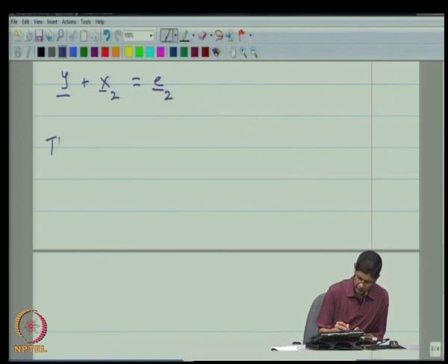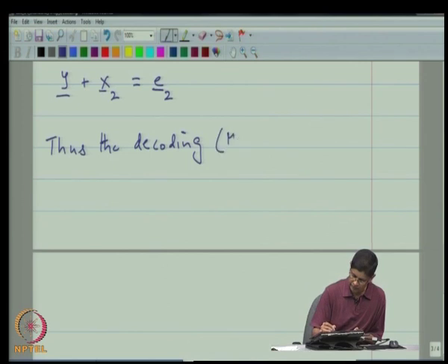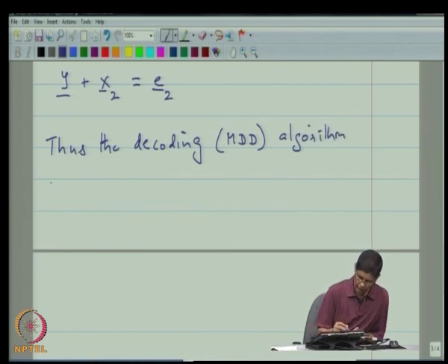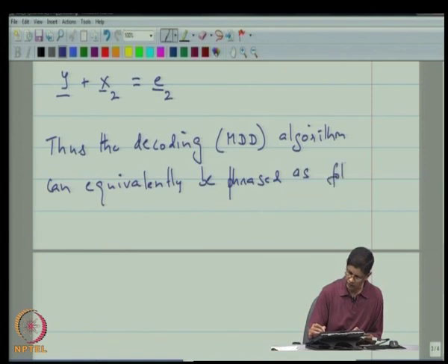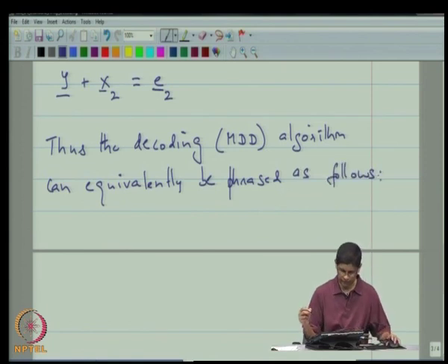Thus, the decoding algorithm, this is the minimum distance decoding algorithm, can equivalently be phrased as follows.